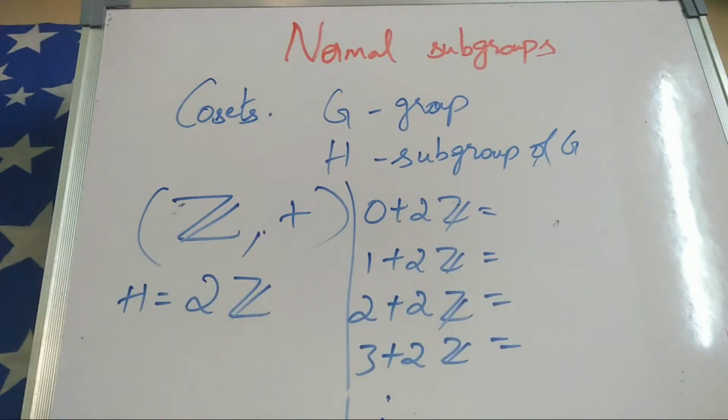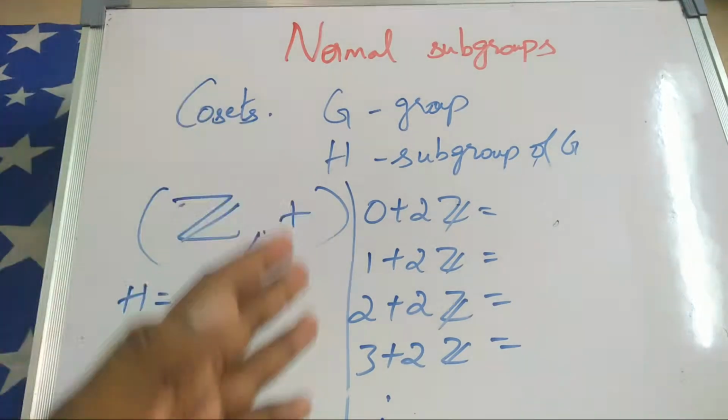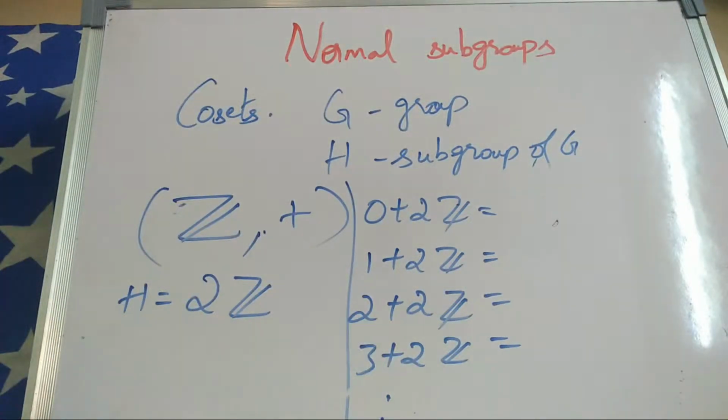Okay, Karparam, good observation. For any even integer a in Z, a plus 2Z is 2Z again. So we recently observed something. If the element happens to be in the subgroup itself, then we get the subgroup itself as the coset.